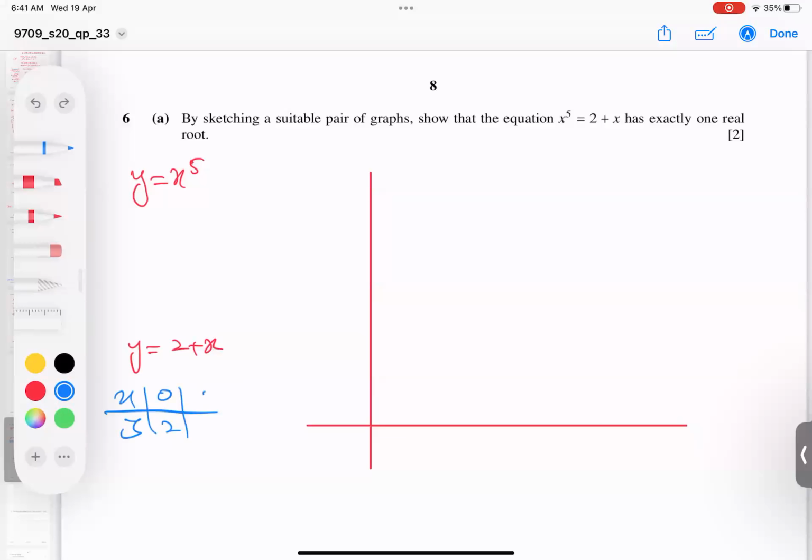I can plug in 2 even, no problem: 2 plus 2 gives you 4. So 0, 2 is here, you can see this. And 2, 4 is somewhere here. Approximately, if you know sketch, that is fine.